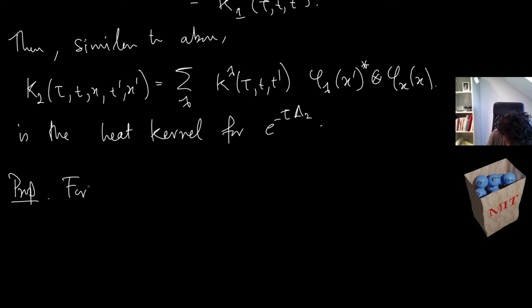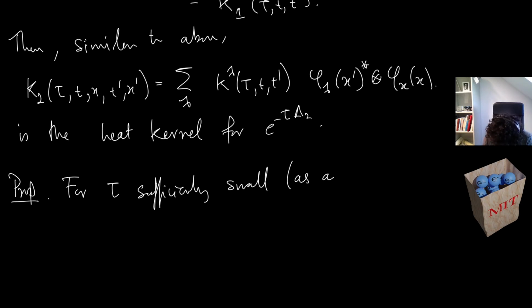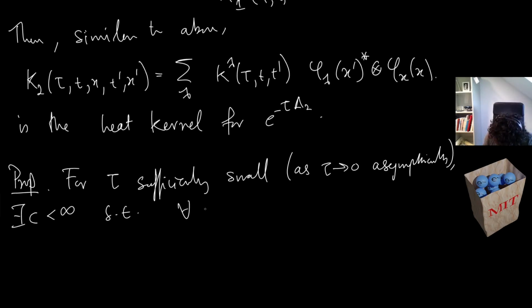For tau sufficiently small, or more precisely, as tau goes to 0 asymptotically, there exists some constant such that for all tau x, tau prime x prime in this, yes, it's k2 lambda.